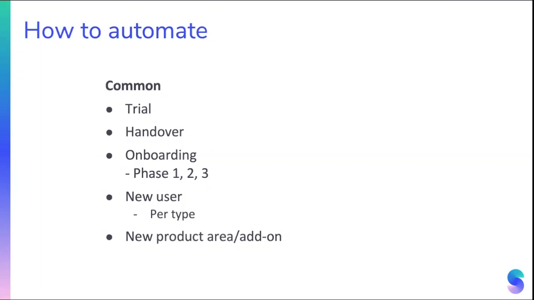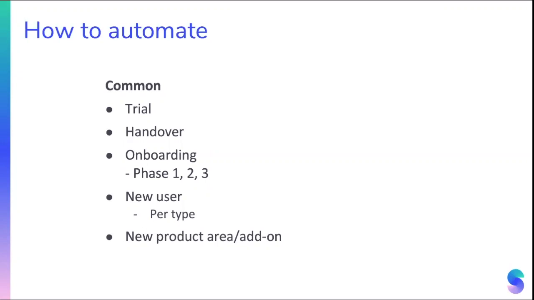Handover from sales should definitely be automated with a good template, where you hand over all the things you've been talking with the customer about, so you get a good start of the customer success part of the journey. Onboarding is usually something you can divide into quite good sequences, and you can pretty much set up a good onboarding automation.